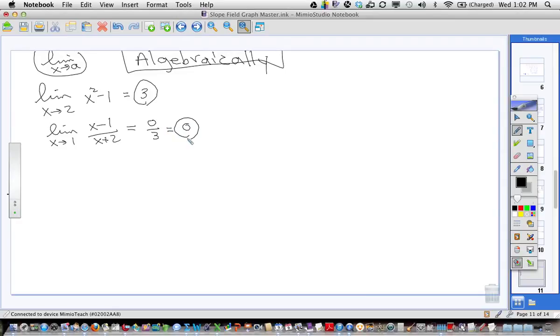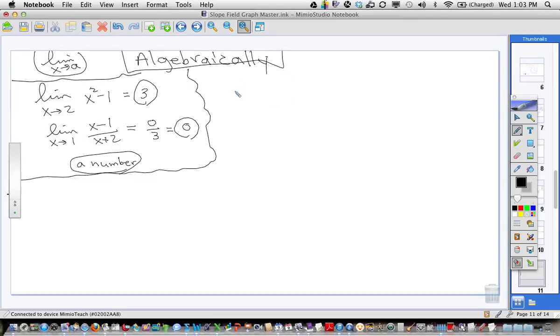It's fine to have 0 on top over 3. There's no problem there. That's just 0. So one thing that can happen is you get just a number. Okay? And that's what we would hope would happen, is that we'll get a number answer. That's the limit. The limit exists. That's what it approaches. Okay? So those are the simplest of the examples.